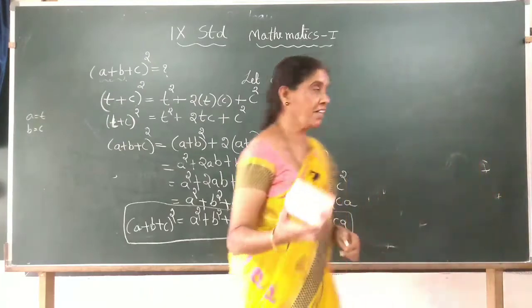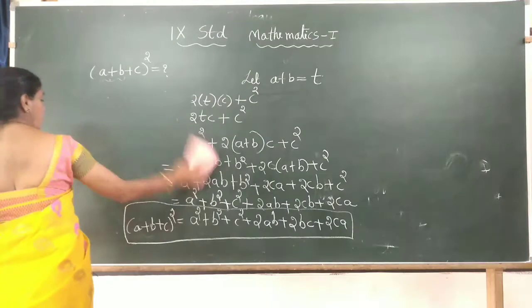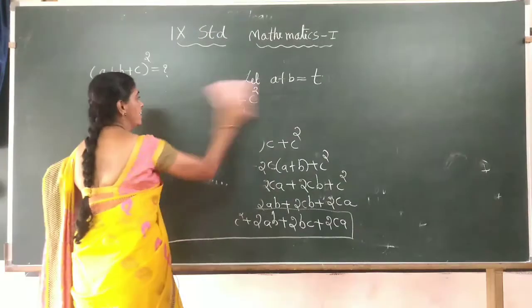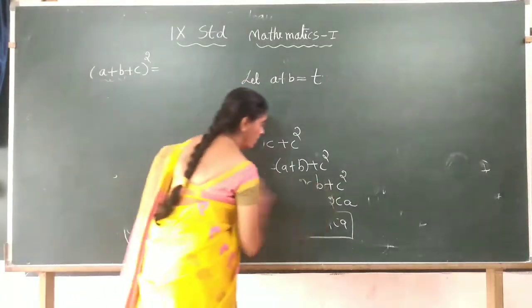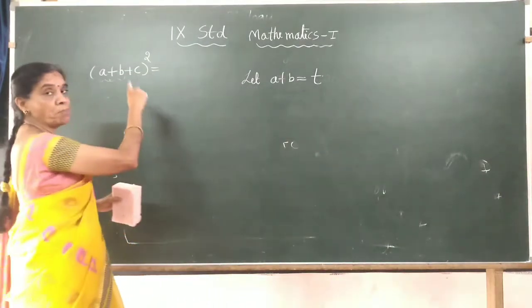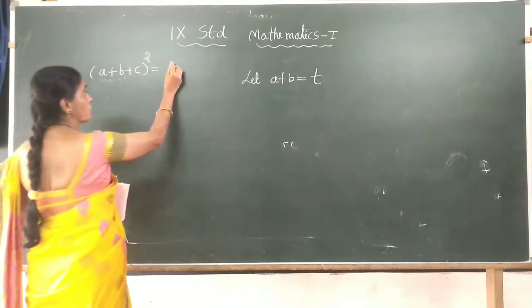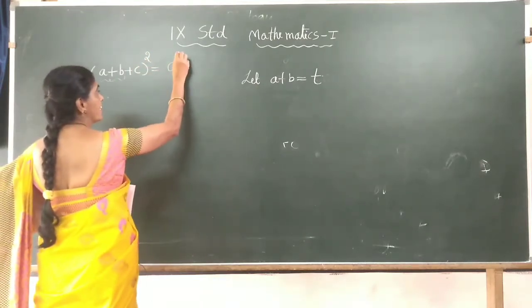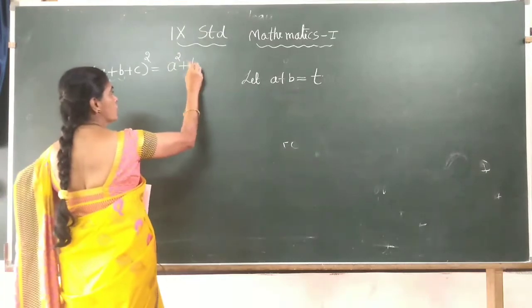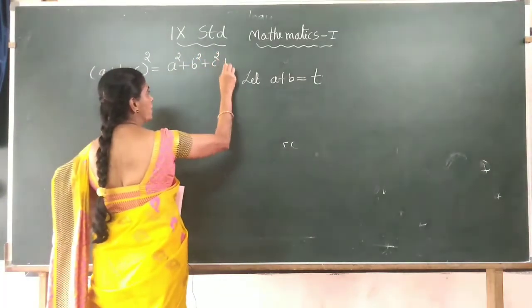I will write once again, and we'll solve some problems using this new identity. So what is the identity we got today? A plus b plus c: if there are three terms and we do the whole square, the expanded form is a square plus b square plus c square, all three terms squared. Then how to remember?